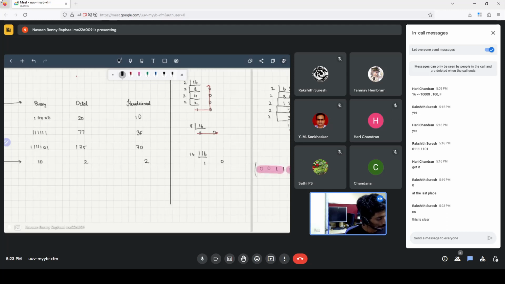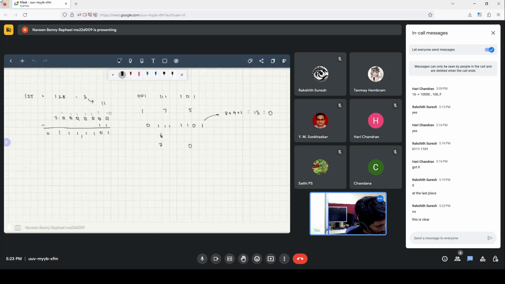So 81 is 3 to the power 4. 3 in binary is 1 1. So 3 to the power 2 is 1 1 multiplied by 1 1.